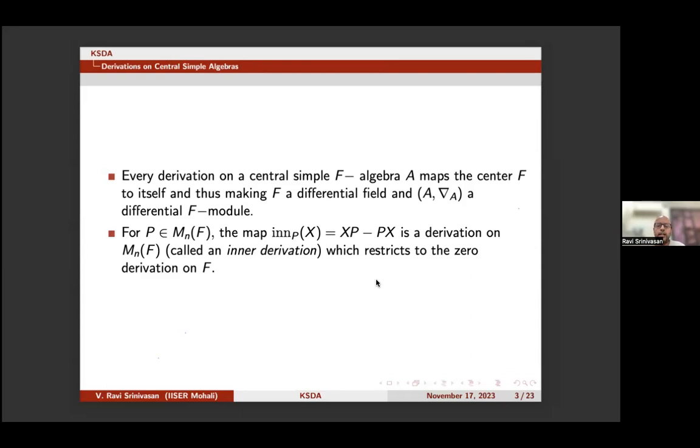And so naturally, if I have a matrix algebra over a field, then there is a natural derivation, which is called the inner derivation. These are immediately seen to be derivations, and they restrict to the zero derivation on F, because the center will be killed by this commutator, right?